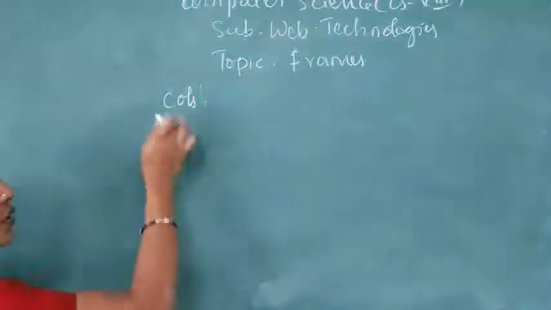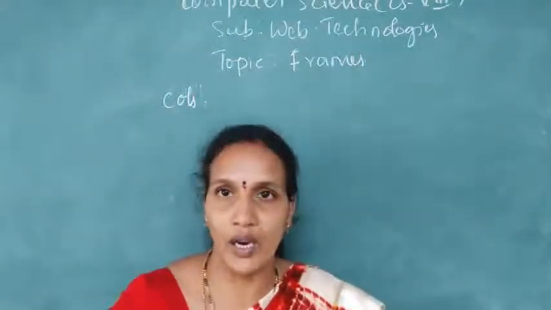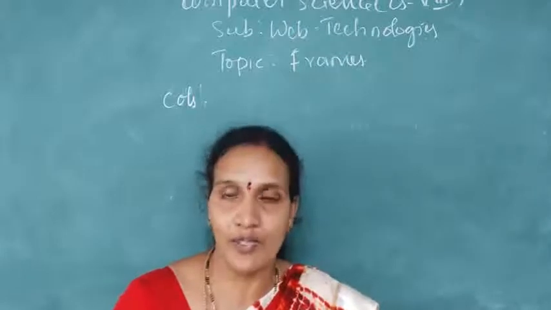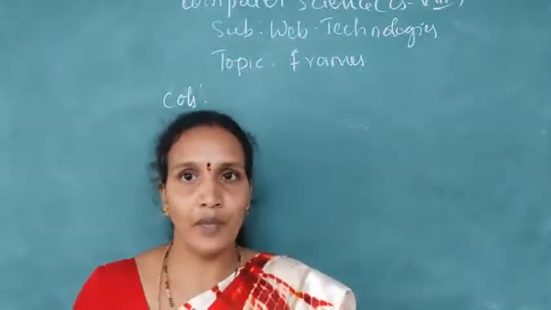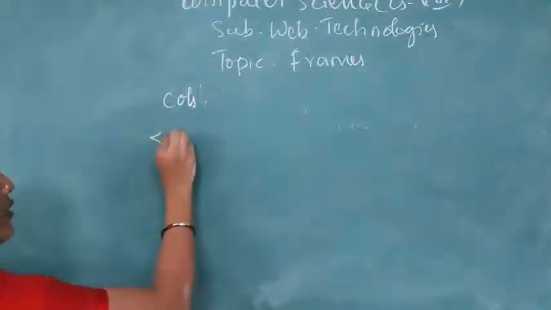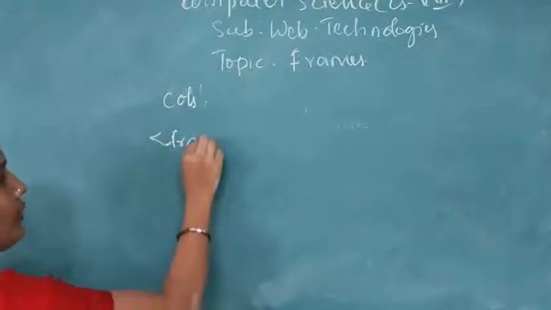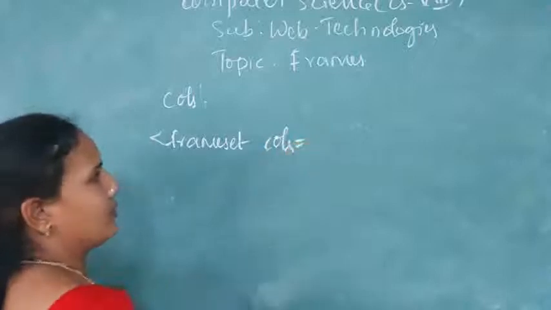The cols attribute describes that we are going to divide the browser window into columns, meaning vertical sections. Now here I am giving a syntax. Frameset, we are dividing the browser window into columns.